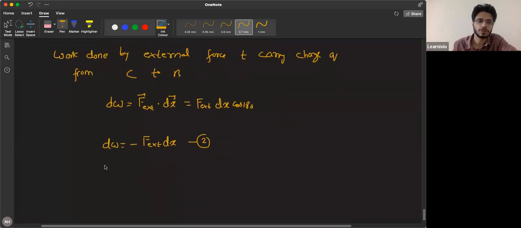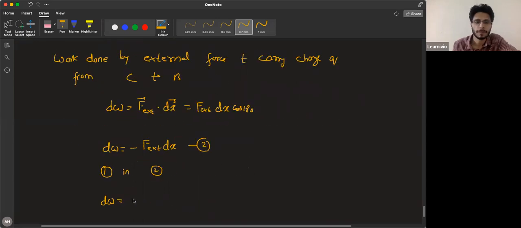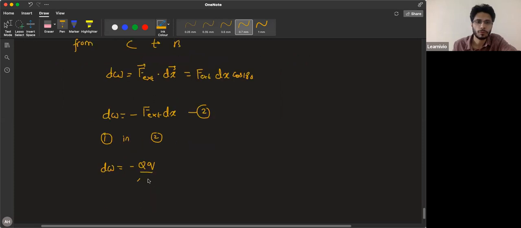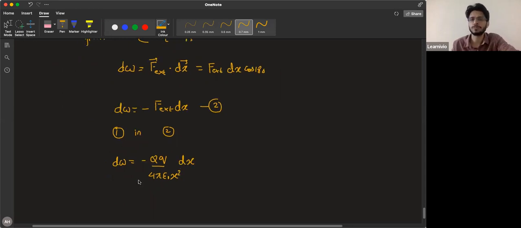Next, we can substitute 1 into 2. So work done is minus F external, which is minus of Qq over 4 pi epsilon naught x squared. This is the work done for the small displacement.